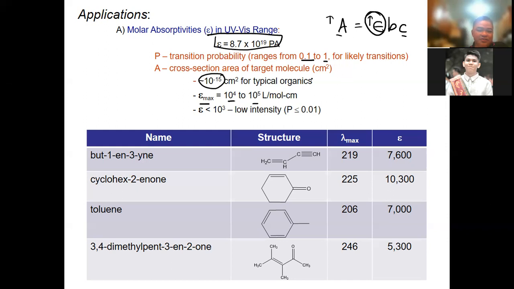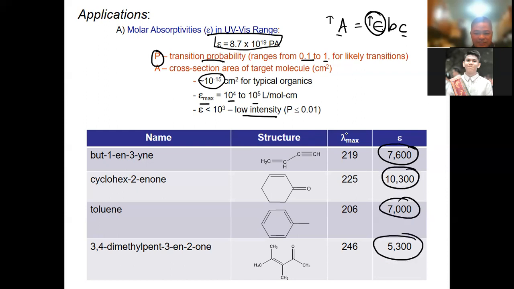So as much as possible, you want your molar absorptivity to be higher than 10 to the 3. If it's less than 10 to the 3, you have low intensity. Okay. Then if you have a low intensity, that means the p-value, the transition probability, is less than 0.01.